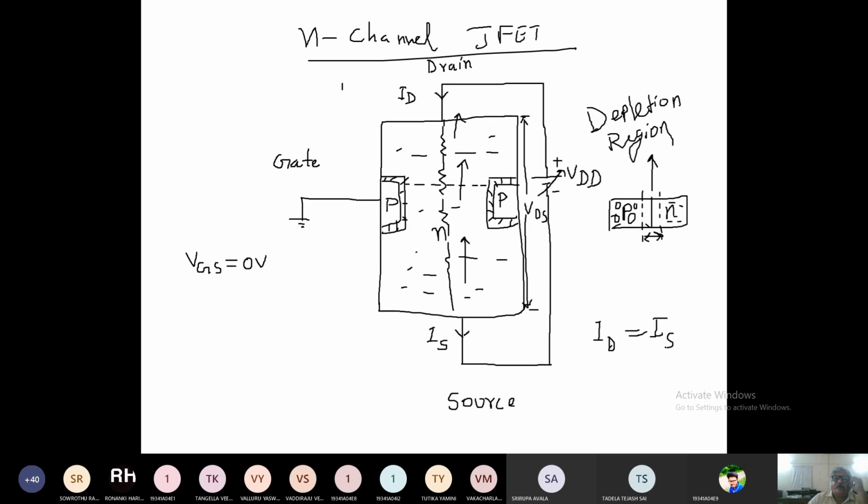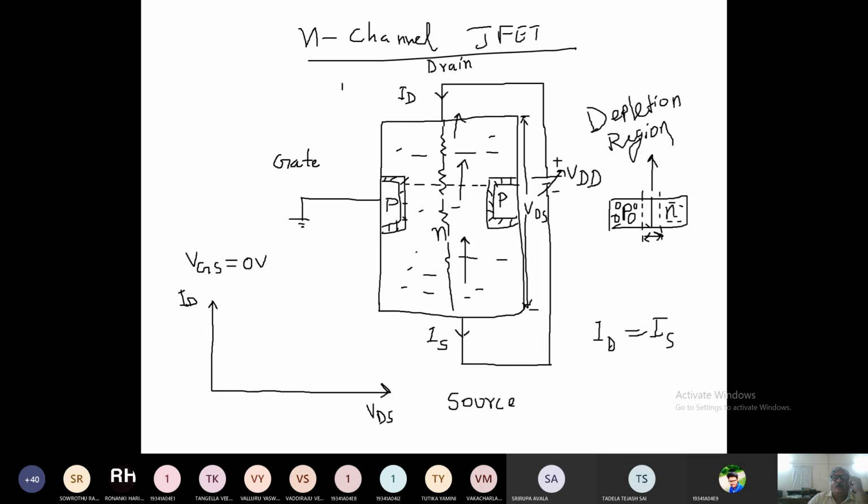Now you just see, if we draw the graph between VDS versus ID, between drain current and drain to source voltage. So what will happen if you increase this VDD battery?